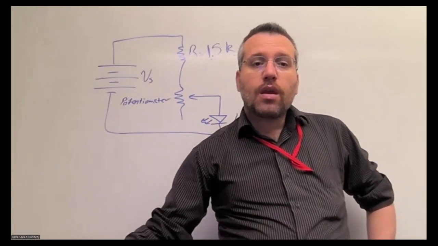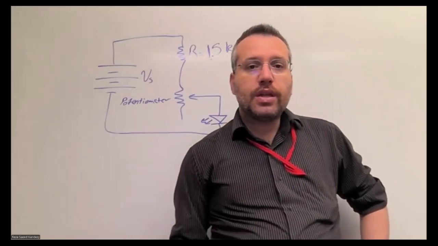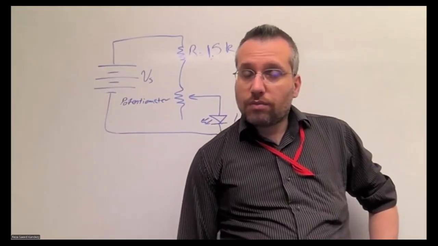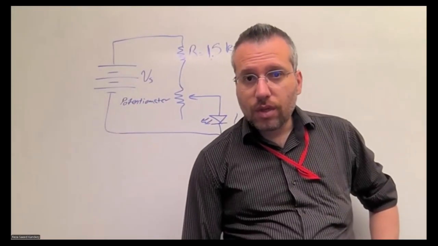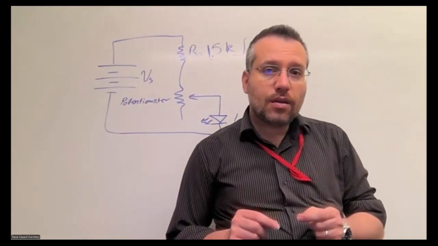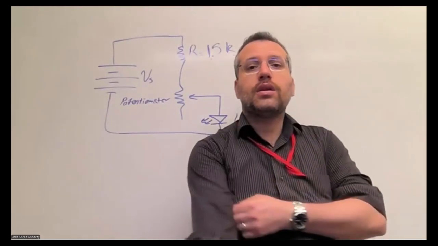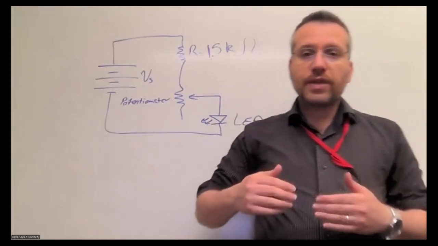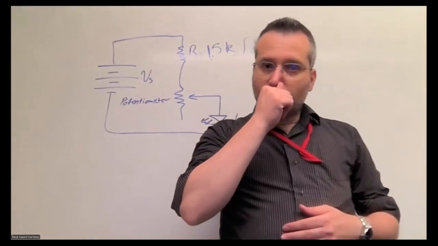Now, it is very important to connect the LED with the correct polarity. So we have two terminals. We're going to talk about it again when we run the test, but when you look at the LED, one of the legs is longer than the other.